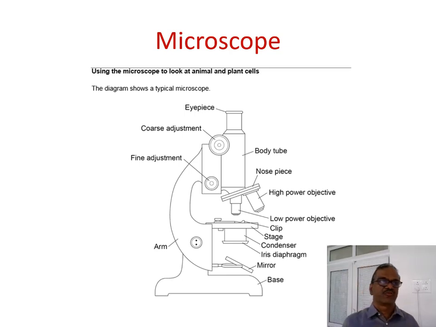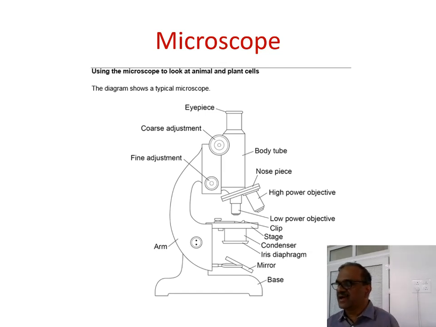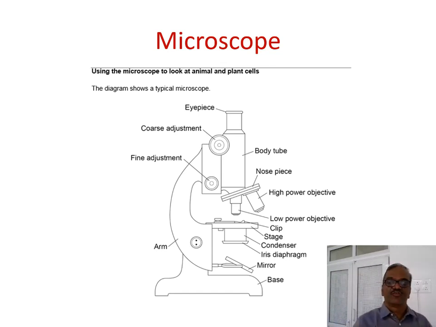For example, if you want to see an ant, take the ant, keep it on the stage on a slide, and observe its antenna, its head, its eyes. That is the first one, the simple microscope.